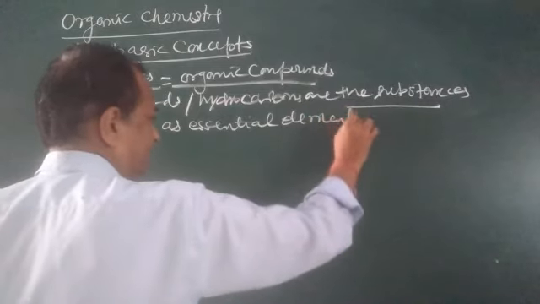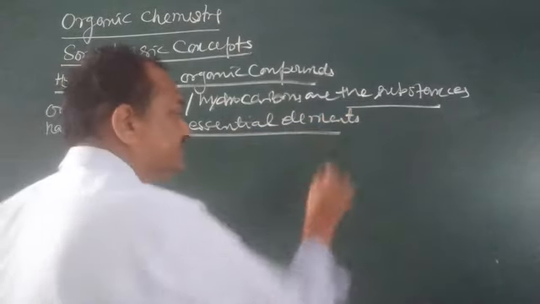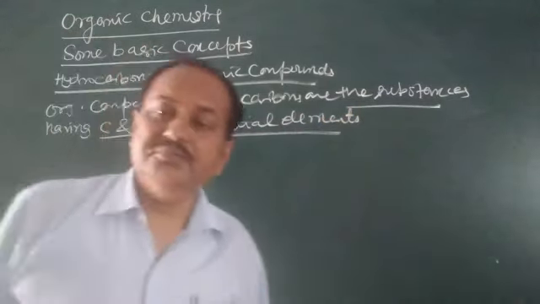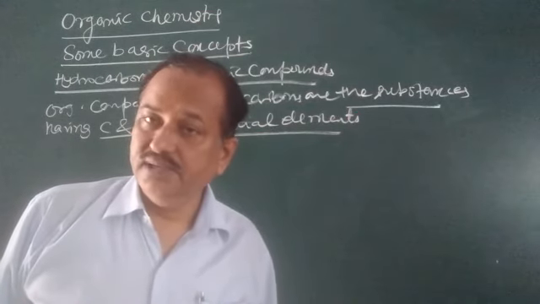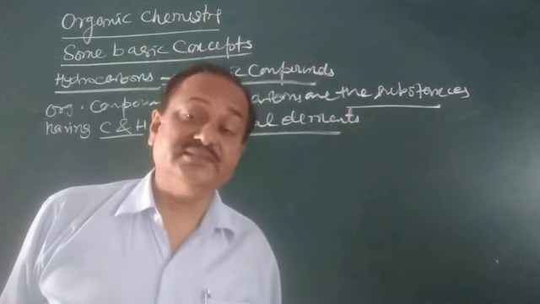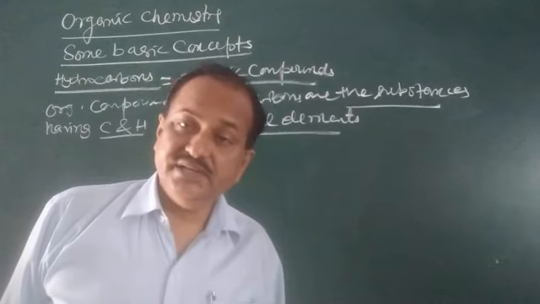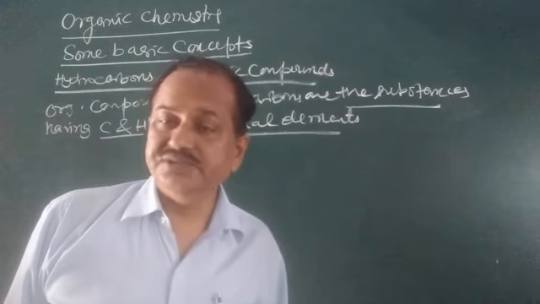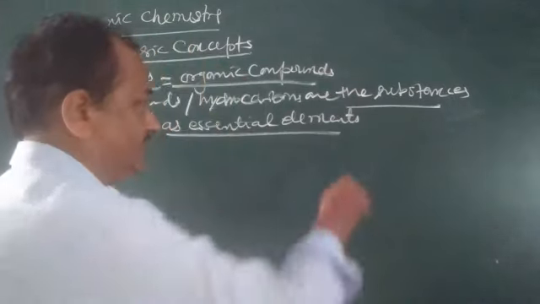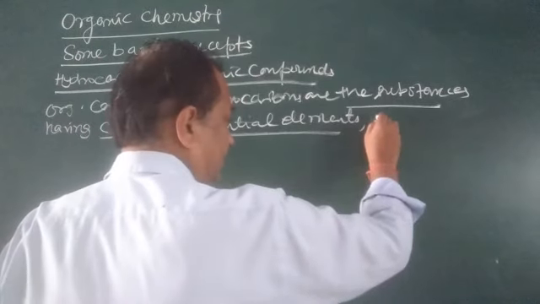Carbon and hydrogen as essential elements means they cannot be found without carbon and hydrogen. Like we have seen in class 10th, benzene. Benzene is made up of carbon and hydrogen. C6H6 is the formula.